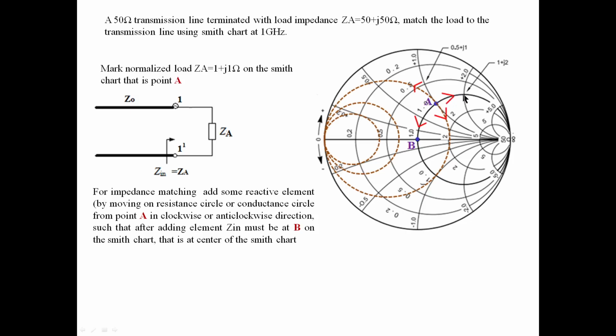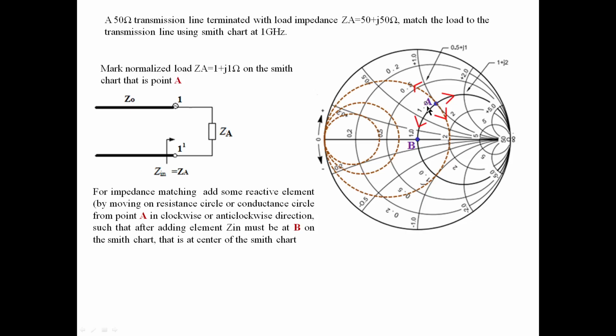See, this is the load, with the resistance circle and conductance circle passing through it. Once we have identified them, next we have to move either over the conductance circle or over the resistance circle.